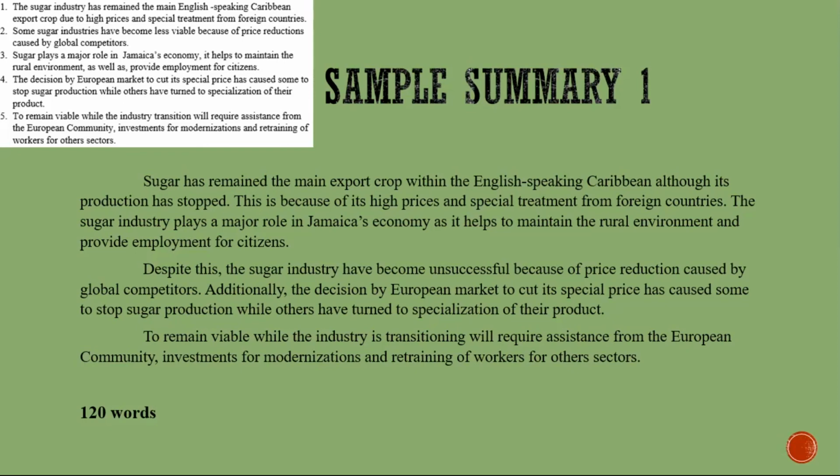Additionally, the decision by European markets to cut its special price has caused some to stop sugar production, while others have turned to specialization of their product. To remain viable while the industry is transitioning will require assistance from the European community, investments for modernization, and retraining of workers for other sectors.